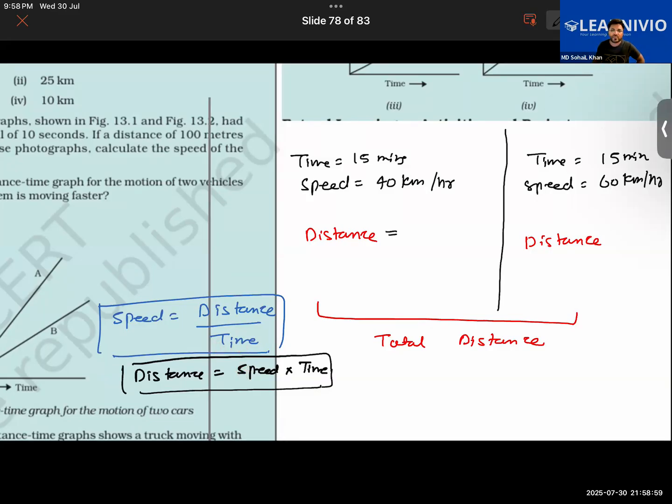What I thought was that if the time was 1 hour, then it would have been 100 kilometers. If it had done 40 kilometers per hour for 1 hour, then it would have traveled 40 kilometers.